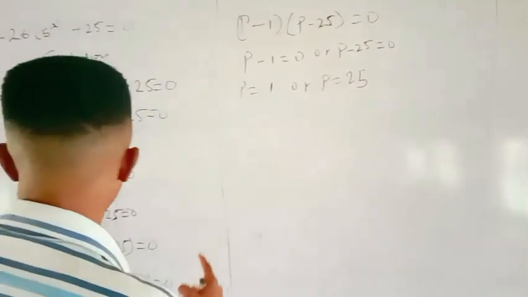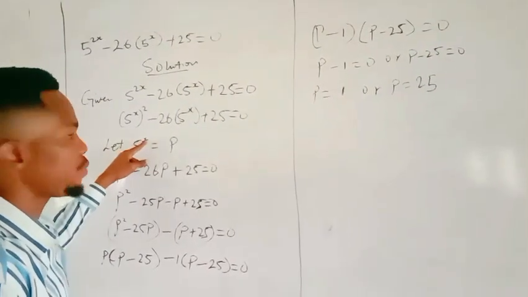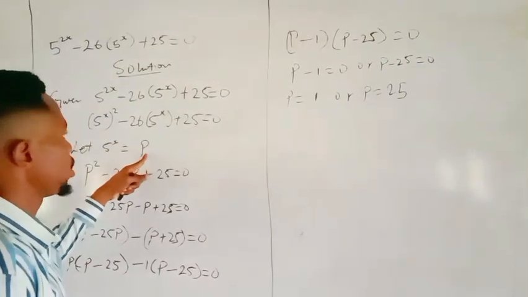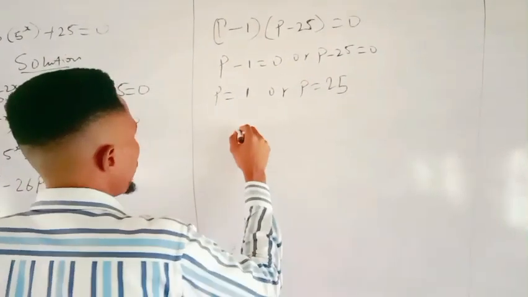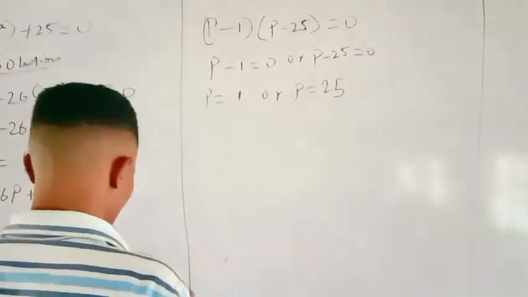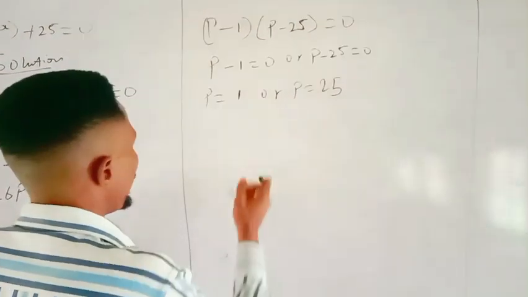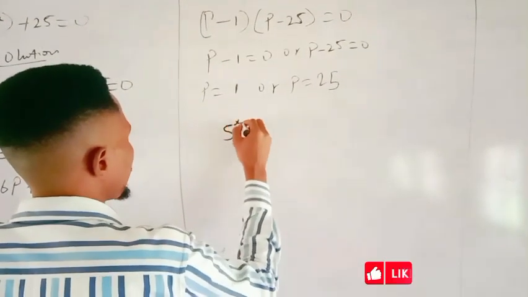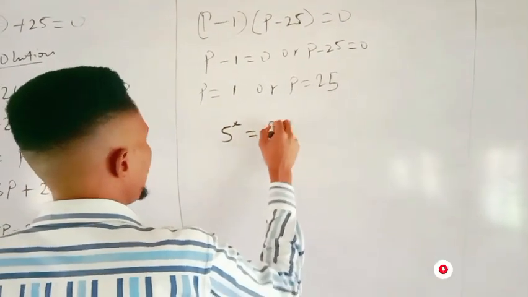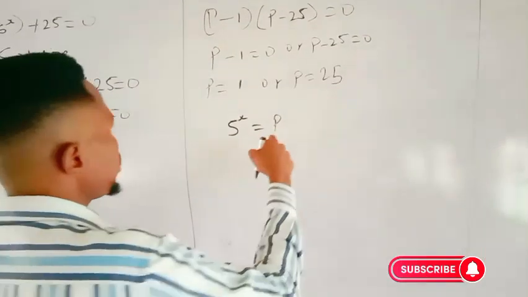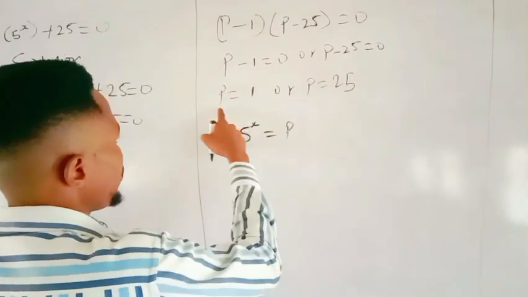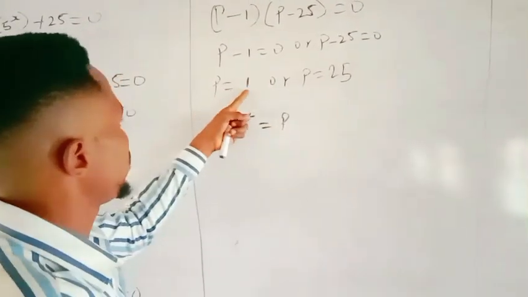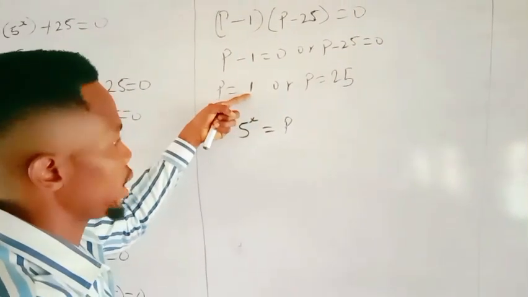Remember here we said let 5 to the power of x equal to p. So we'll break it down. 5 to the power of x equal to p. On that note, wherever there is p, p for this first answer is 1.